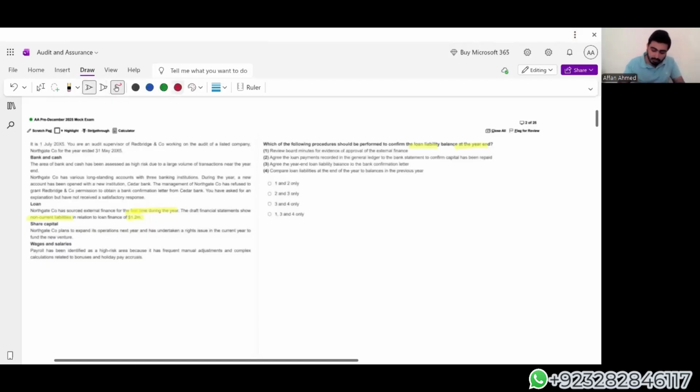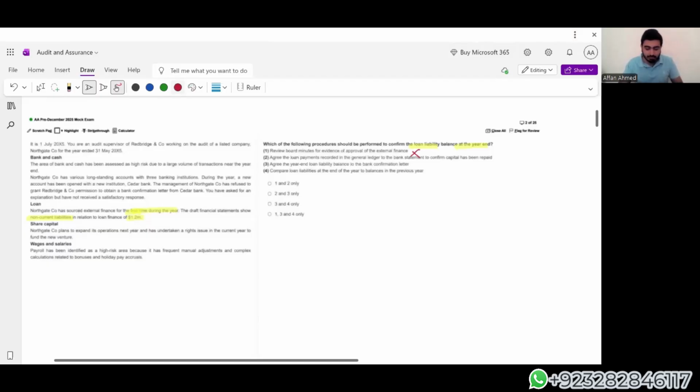Okay, let's see. Now, number one, what does it say? Review the board minutes for evidence of approval of external financing. Are we looking for authorization? Do we have a need for checking authorization here? I don't think so. So this won't be an appropriate option. Next, agree the loan payment records in the general ledger to the bank statement to confirm capital has been repaid.